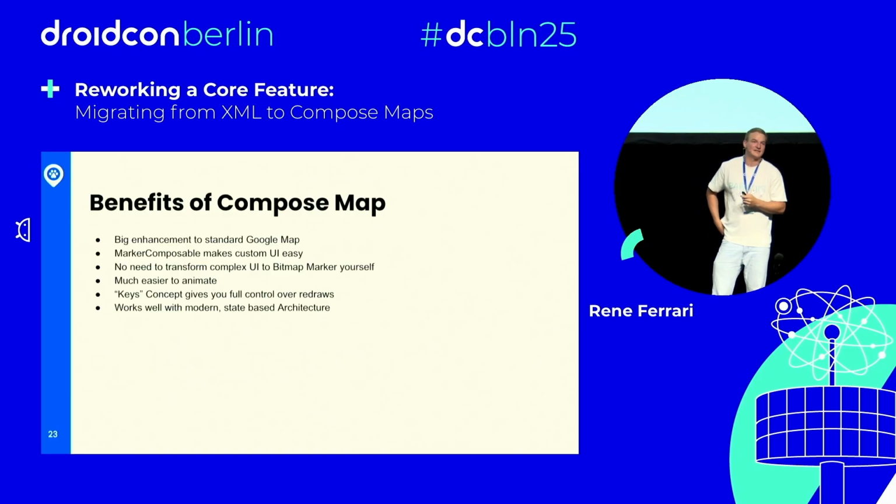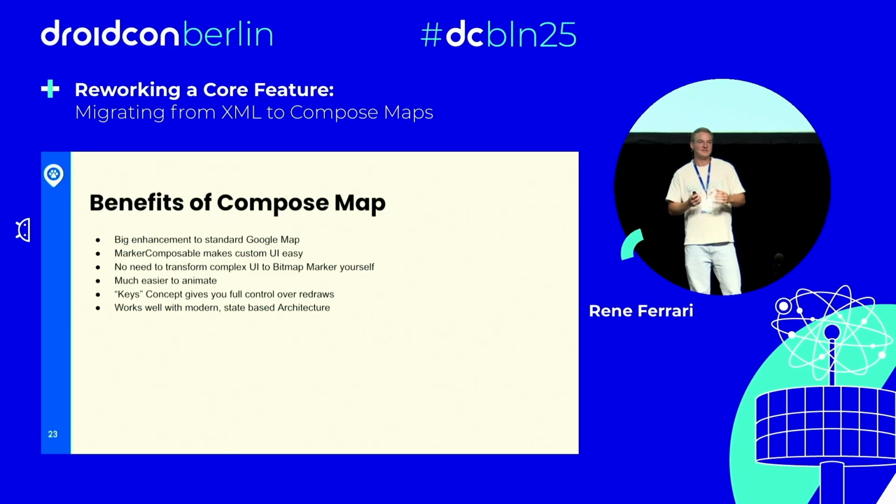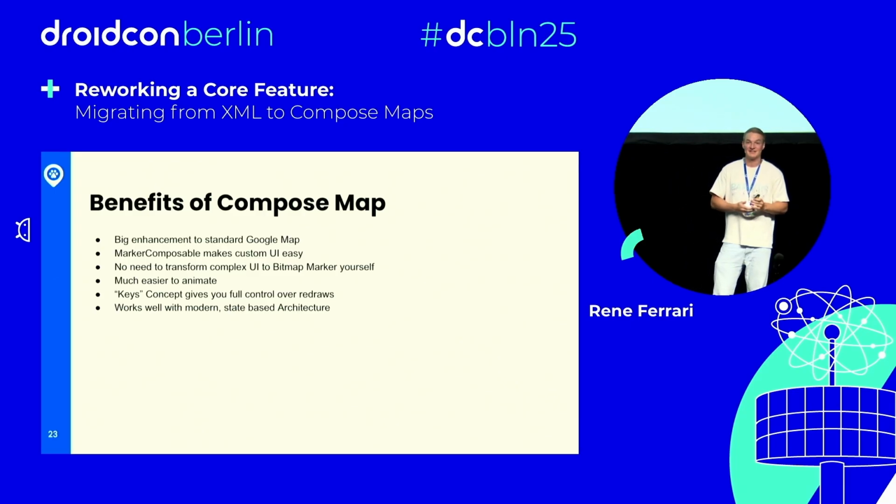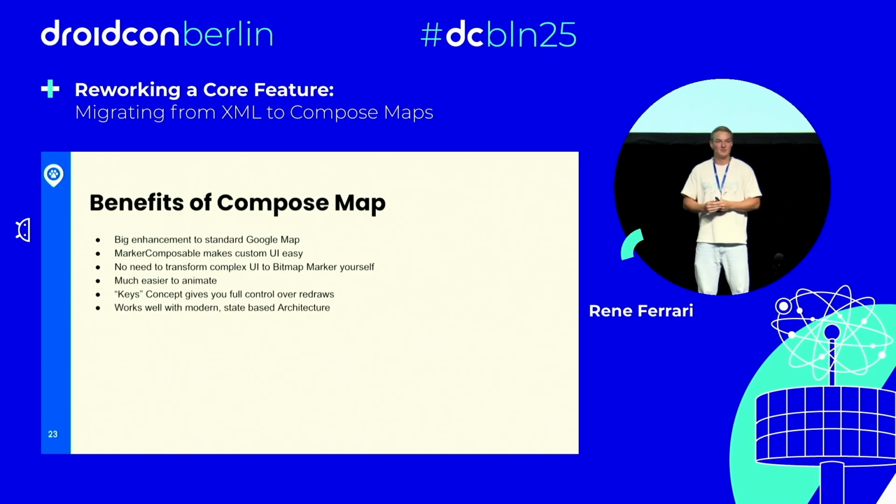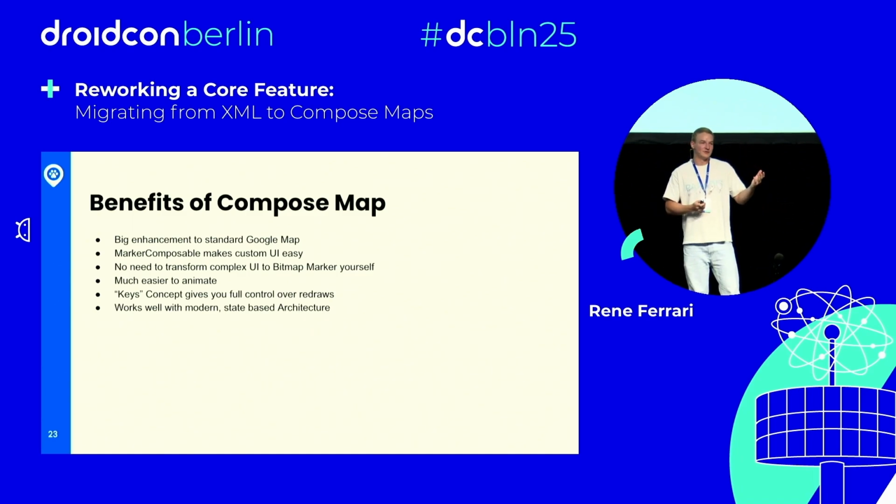So overall, the benefits I see with Compose Map, in our case, I would see more as an enhancement to the standard map, especially since I guess most people are moving more towards Compose in general. It's very nice to use since you can build the custom UI however you like. Like I said before, you could do that as well, but you would need to draw to a bitmap and draw the bitmap on the Google marker, which was a bit tedious.